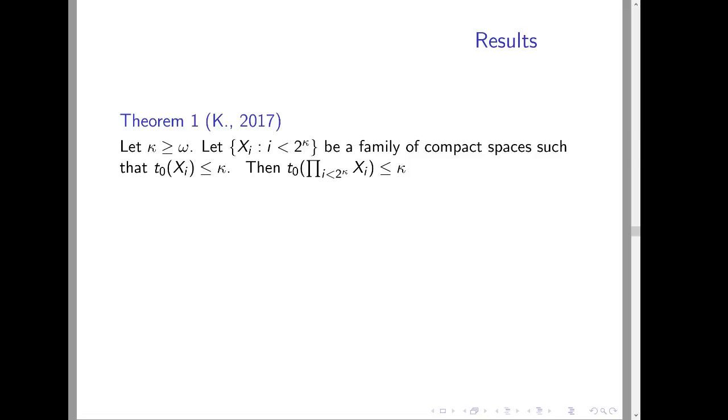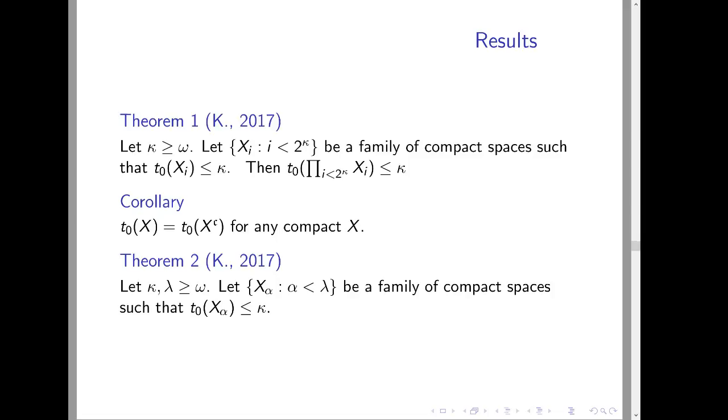And then it turns out that the functional tightness of this large product is also bounded by kappa. So it is even better than in Malykhin's theorem. In Malykhin's theorem, you have the product of kappa many spaces. For functional tightness, you can go to 2 to the kappa many spaces. In particular, not only does the countable power of a compact space have the same functional tightness as the compact space X, but the C-th power of any compact space has the same functional tightness.